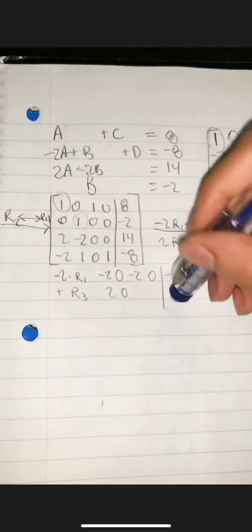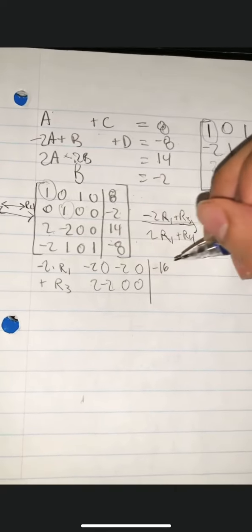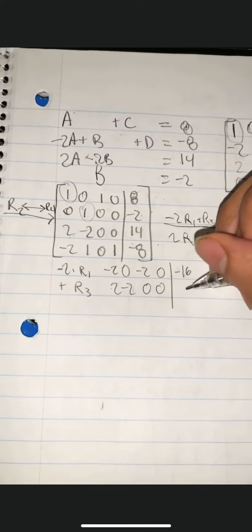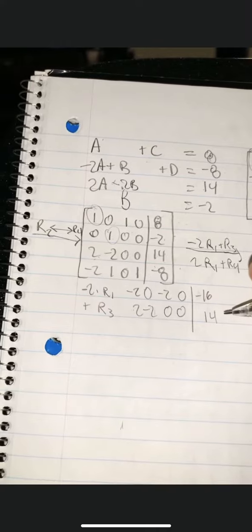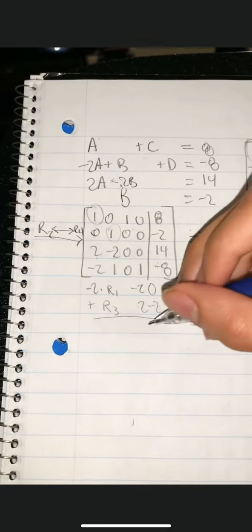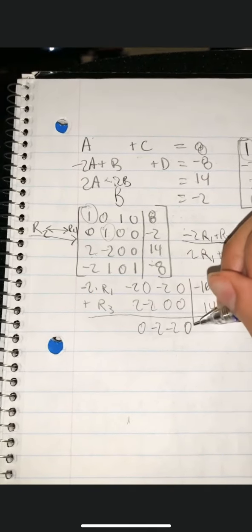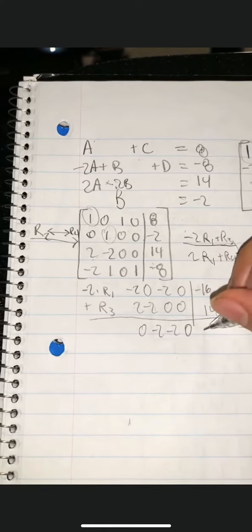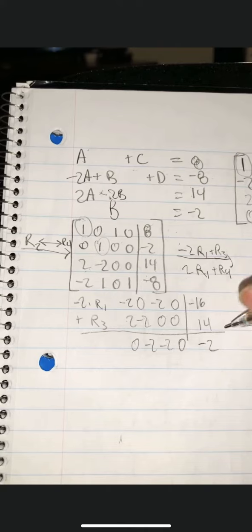Whoops, it's -2, -2, 0, 0, and then 14. So now we will add them together. Get 0, -2, -2, and 0, and -2. So this will become our row 3.